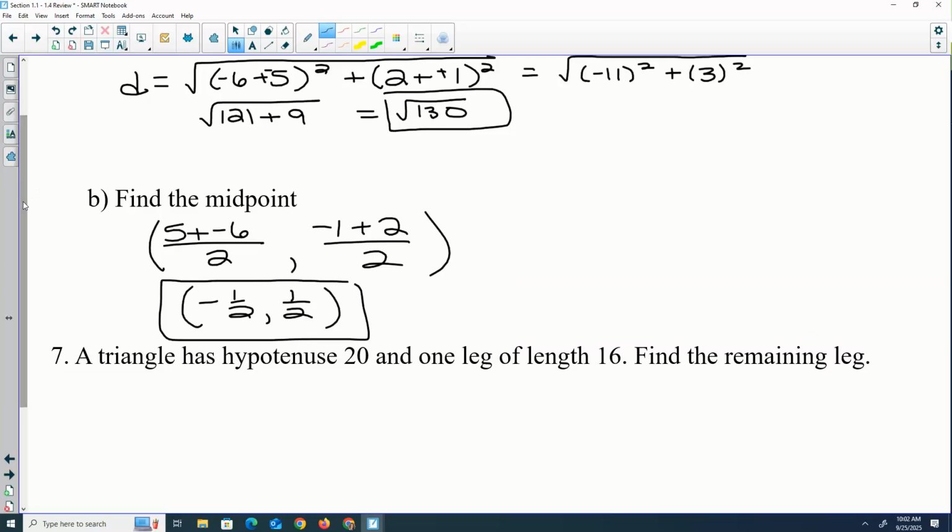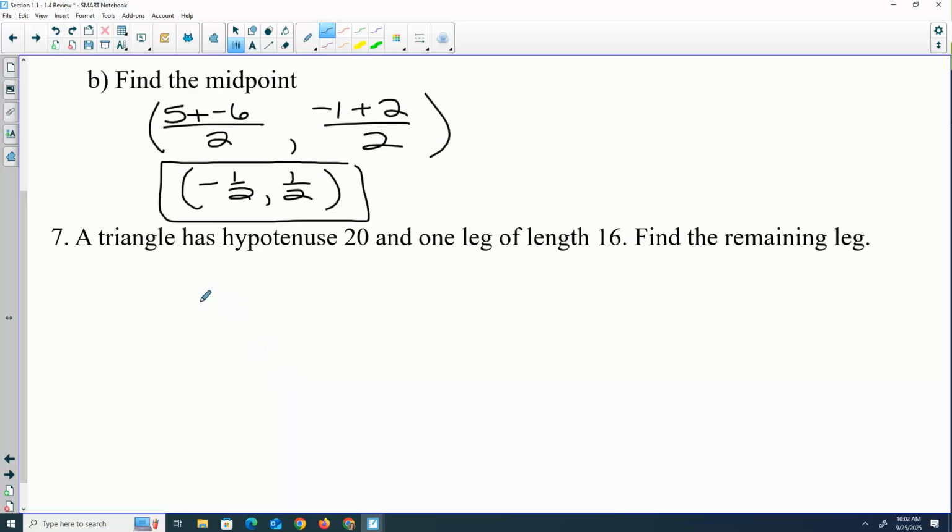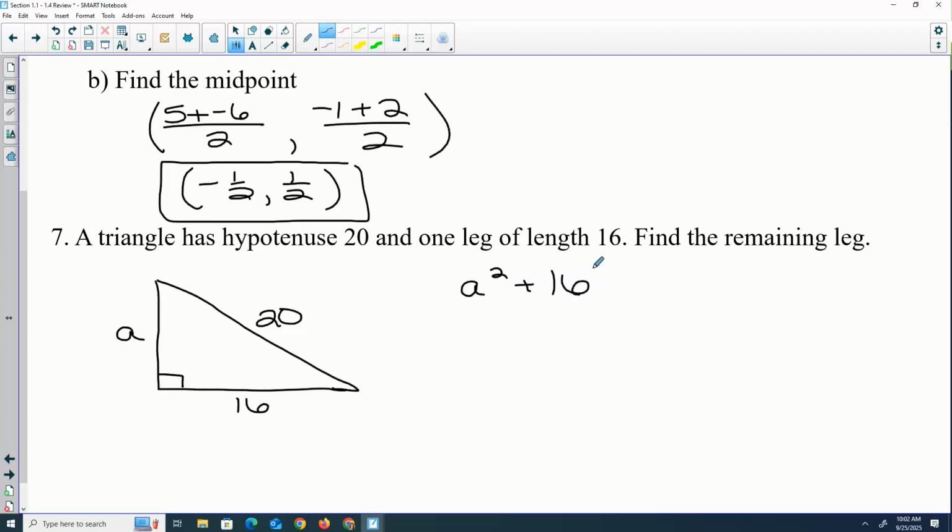Pythagorean theorem, be prepared to draw a triangle on those. If I said a triangle has a hypotenuse, that tells me it's a right triangle. Hypotenuse is the longest side across from my right angle, that's 20. One of these legs is 16. Find the other one. A squared plus b squared equals c squared.